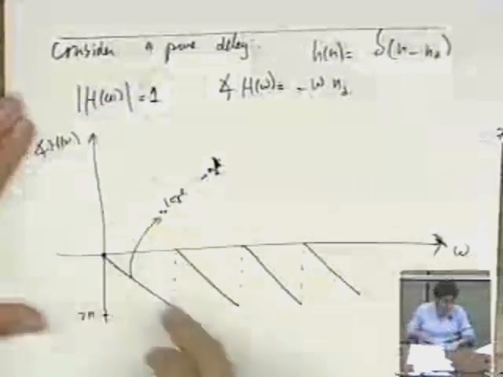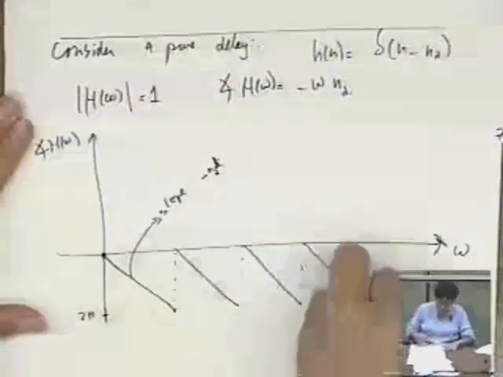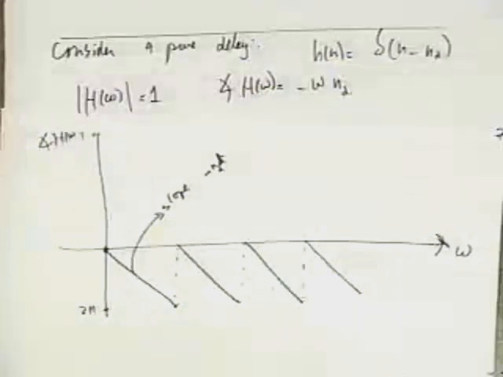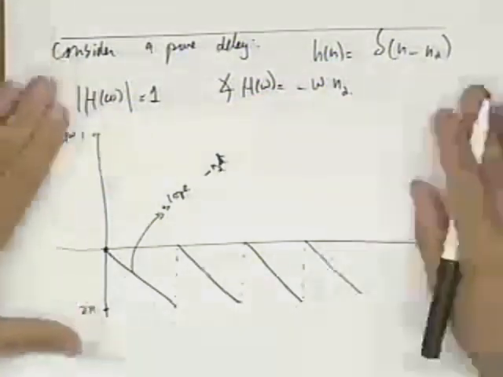Yes, absolutely. Phase as a function of omega is a line. The fact that it's not a straight line going down to infinity is because I chose to unwrap it and show it between 0 and 2 pi. It's linear. So sure enough, a pure delay is a linear phase system.